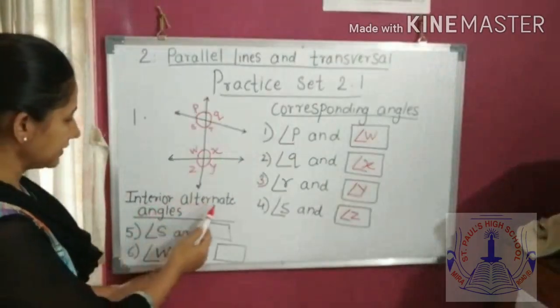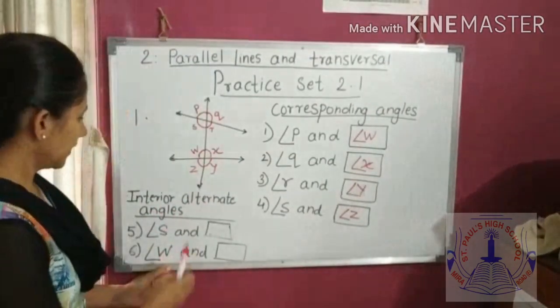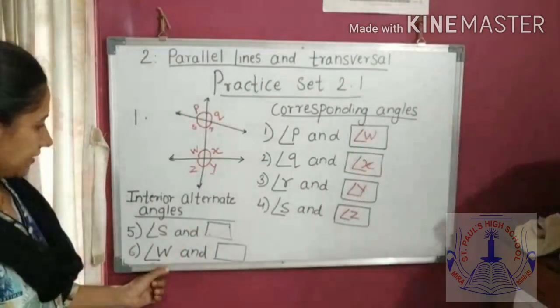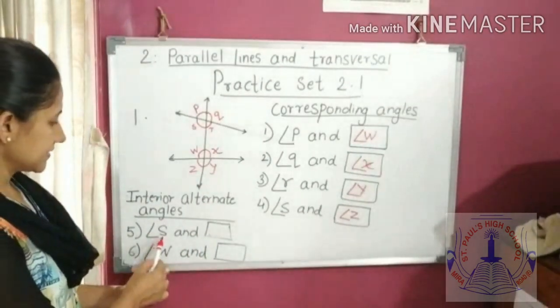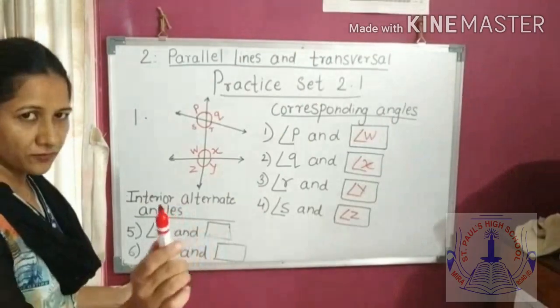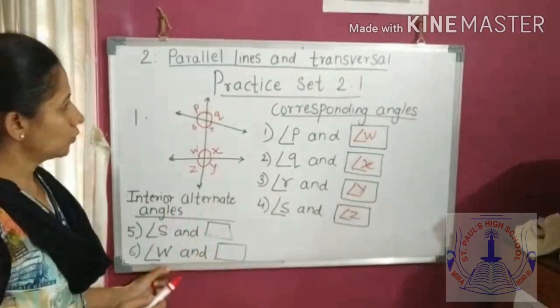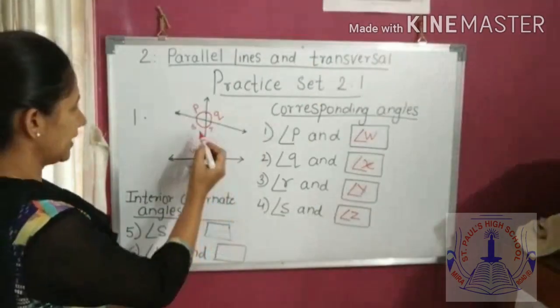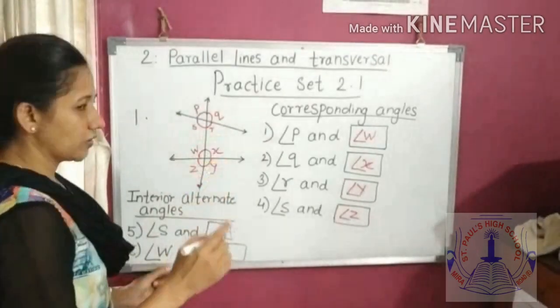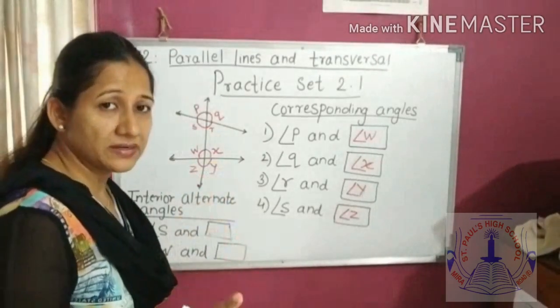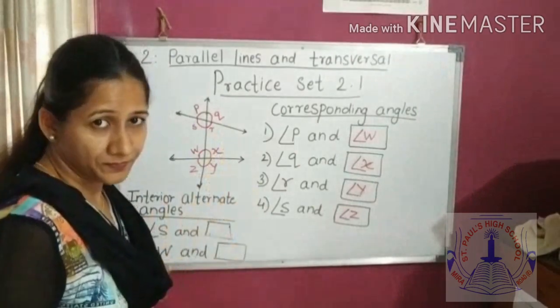Next, they have asked about interior alternate angles. In interior alternate angles, they have asked angle S and dash. That's the 5th one in practice set 2.1. Now, remember the definition of interior alternate angles which I have explained.